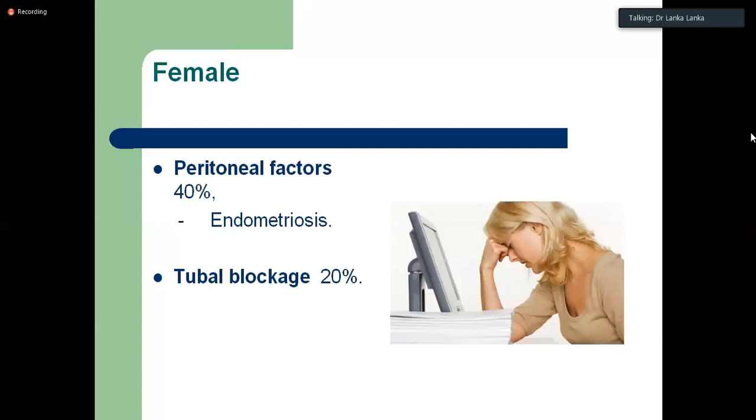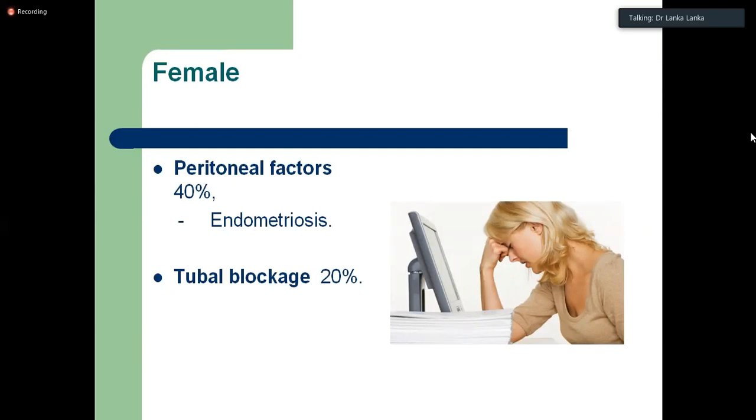So sometimes they don't get pregnant, or some people can have ectopic pregnancies because of ciliary dysfunction. Anatomically, it can be a true block or pseudo block at the tube level. So it disturbs the traveling of the gametes and the fertilized embryo.